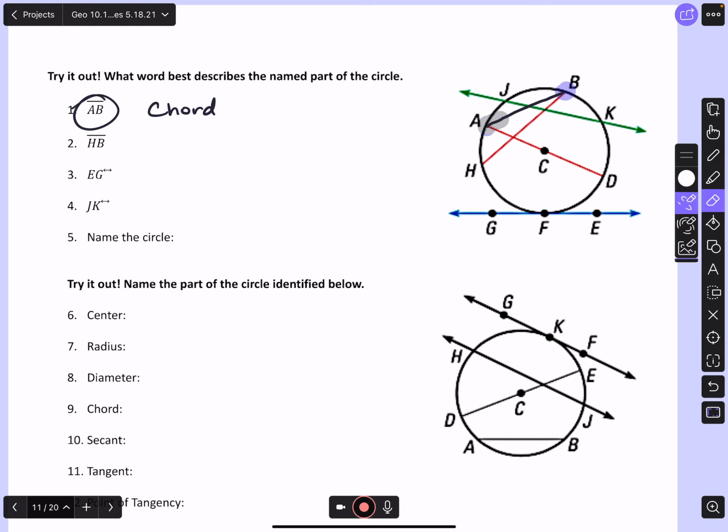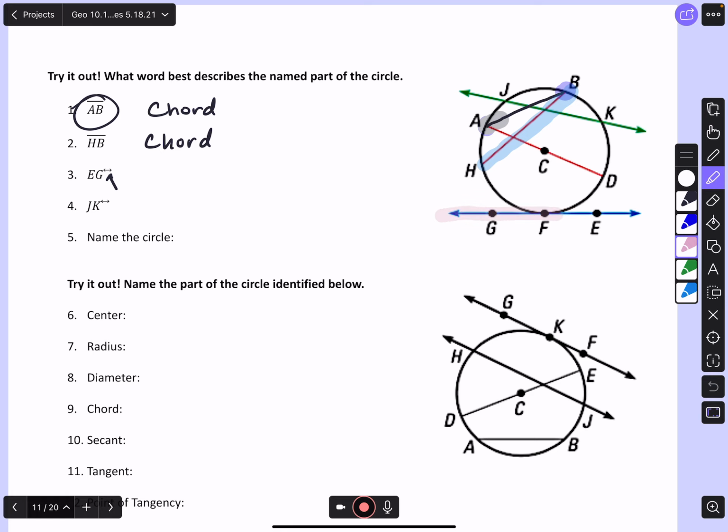HB. Let's see if we can find HB. HB goes right there. That looks like a chord also. Remember, there is only one special chord. Let's see here. Line. Be careful. Note that little line notation. Line EG.